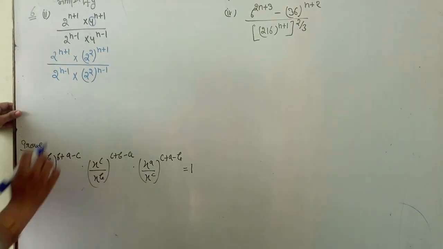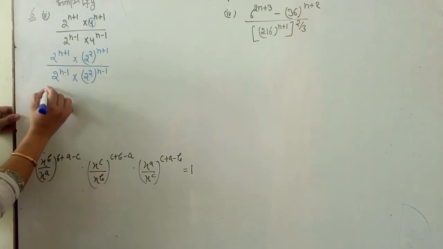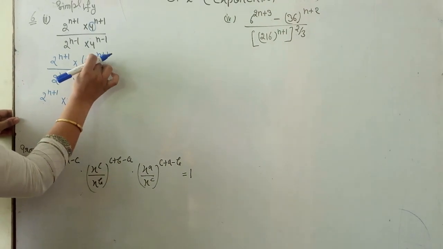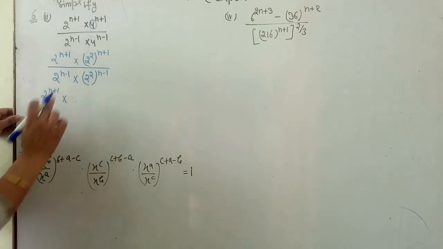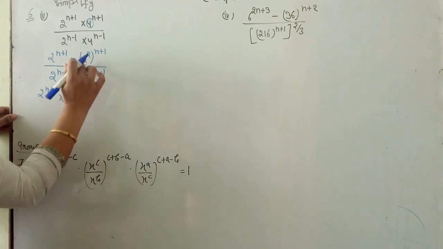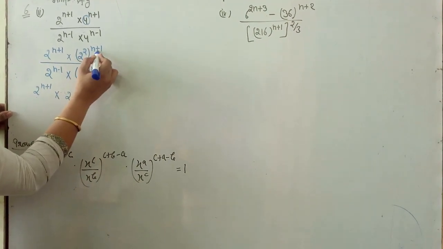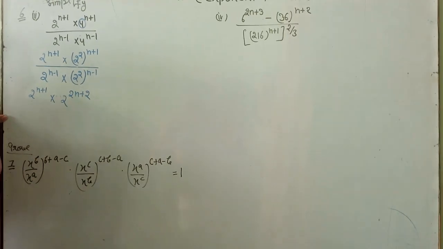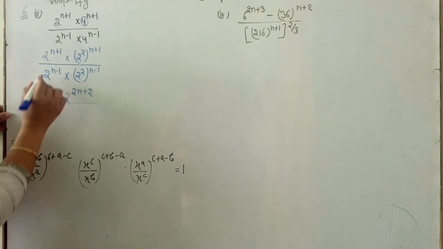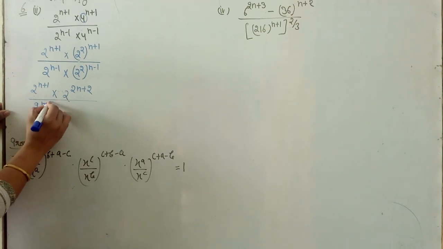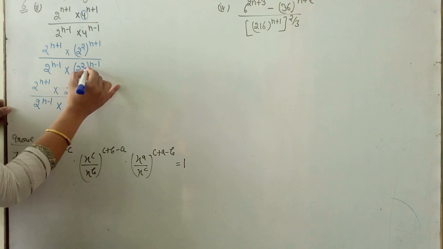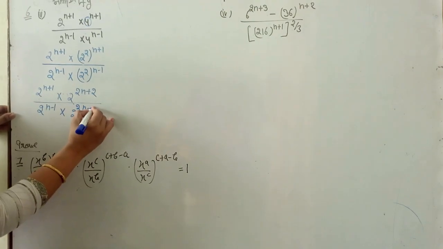Clear, student? Again 2 raised to the power n plus 1 as it is, multiply. When power to power, then power should be multiplied, so we can write 2 raised to the power 2n plus 2. Clear, student? Divided by 2 raised to the power n minus 1 multiply, same according to power law, 2n minus 2.